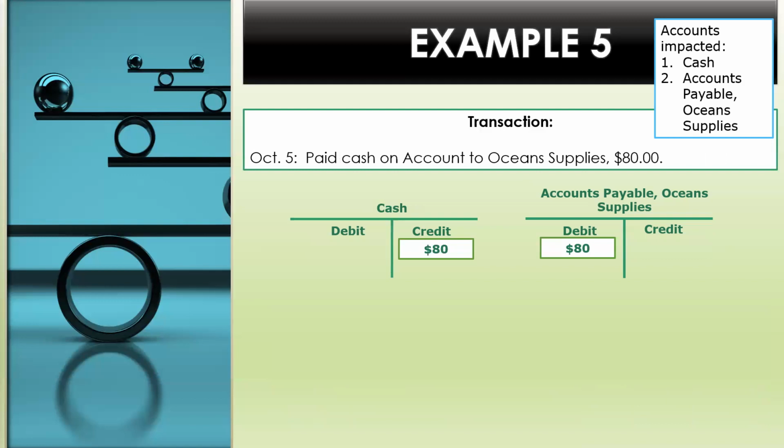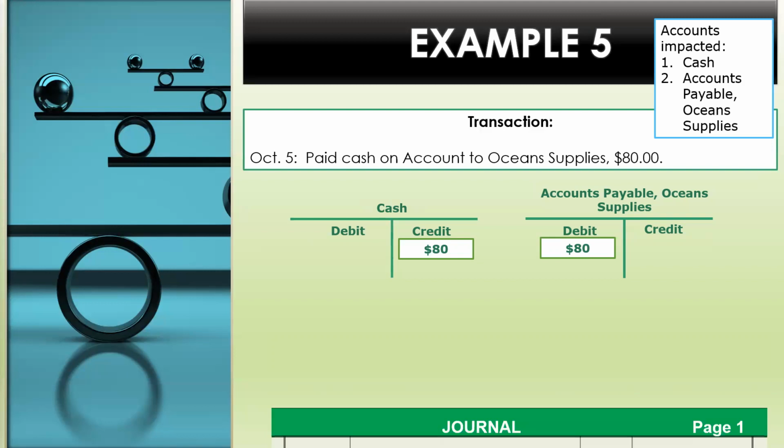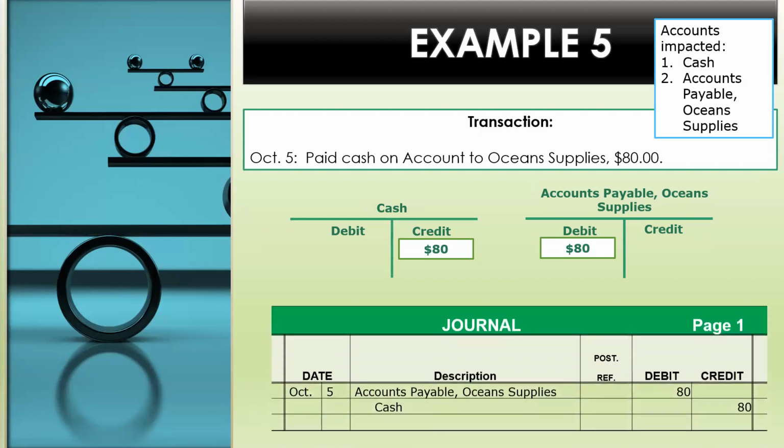Last example. Let's journalize this business transaction. October 5th, we paid cash on account to Ocean's Supplies in the amount of $800. This business transaction impacts cash and accounts payable, Ocean Supplies.